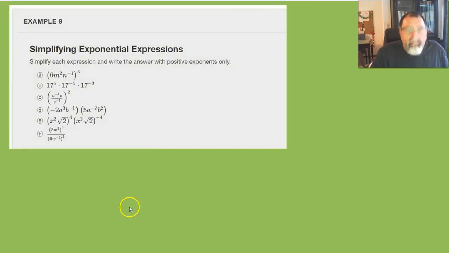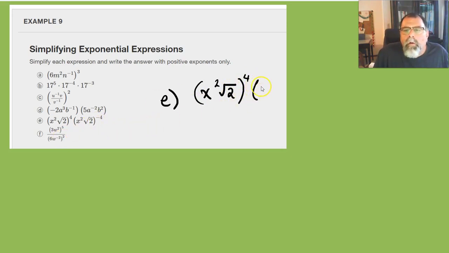All right, so that was E. So E, I just noticed something. Those are exactly the same base. So there's two ways we can approach this. We can bring this to the bottom, or since these are the same base, just think of it as a to the fourth times a to the negative 4.